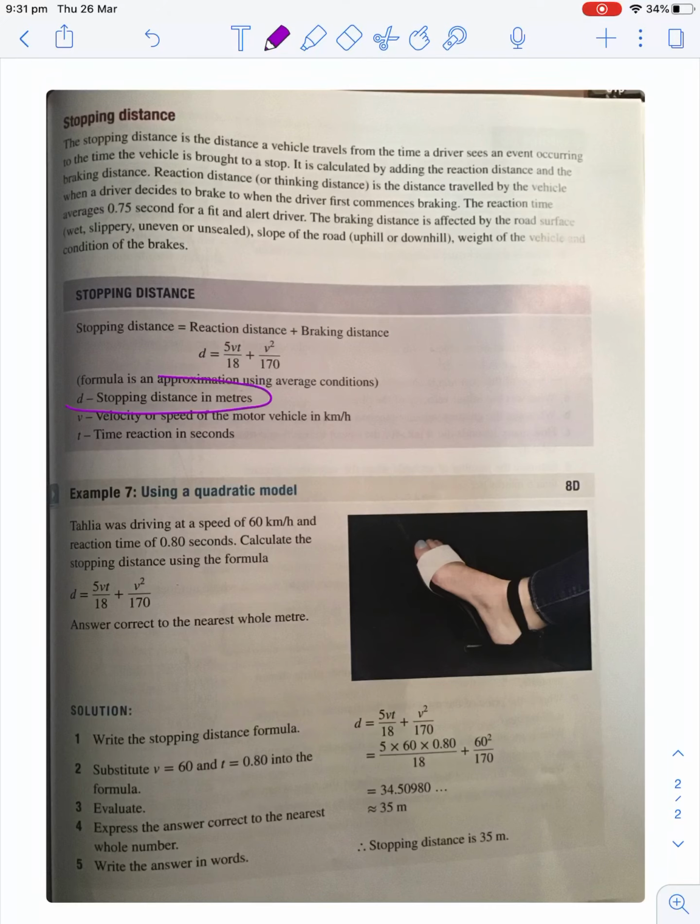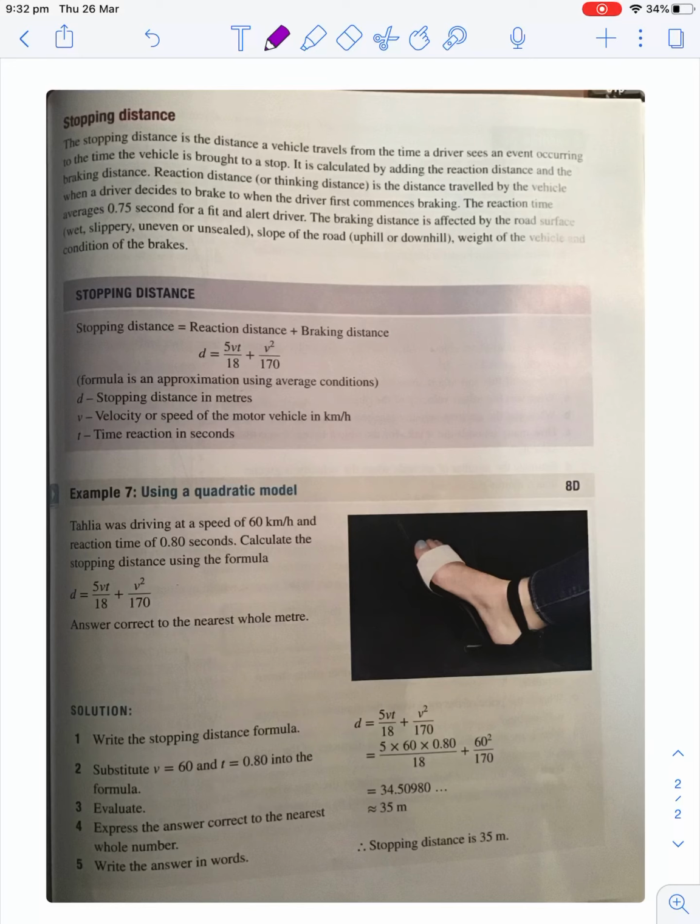D is the stopping distance in meters, so that's what we're trying to find. That D is how far the car goes before it stops. Then you've got V, the velocity, so obviously the faster you're going, the longer your stopping distance is going to be.